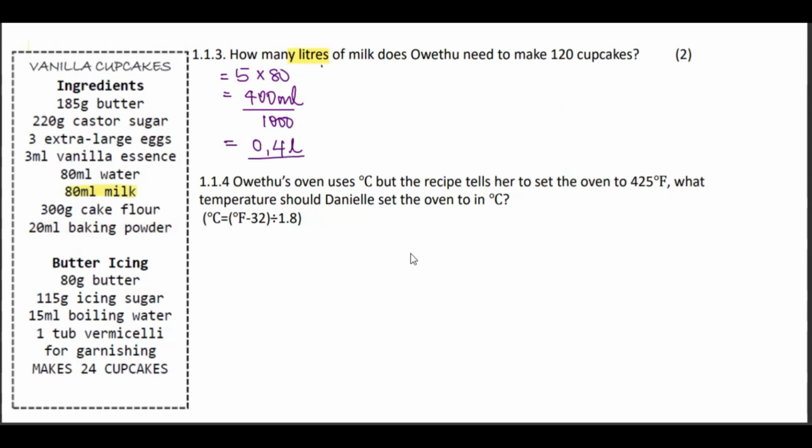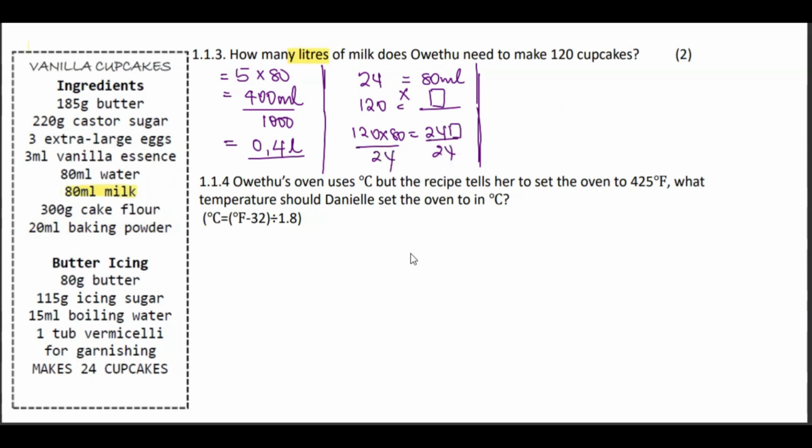Someone else would have done it this way. Ask yourself, for 24 we need 80 mils. What about for 120? How many mils shall we need? We shall cross multiply, which becomes 120 times 80 equals 24 and an empty box. Divide through by 24.